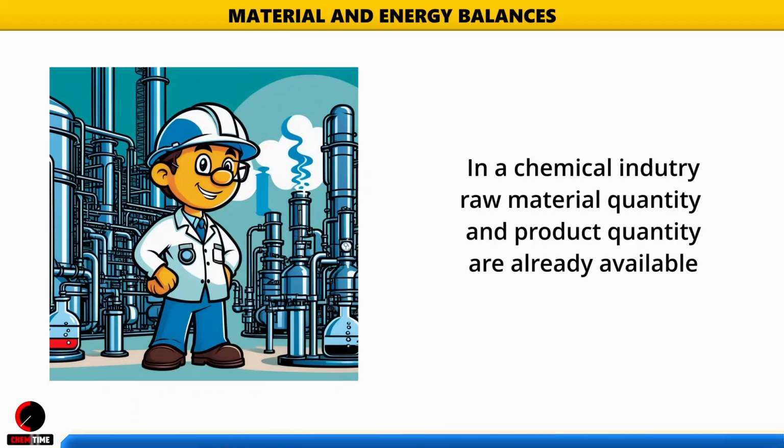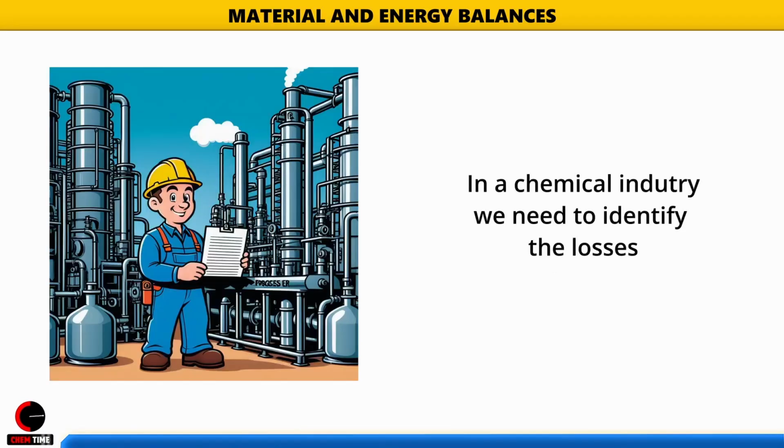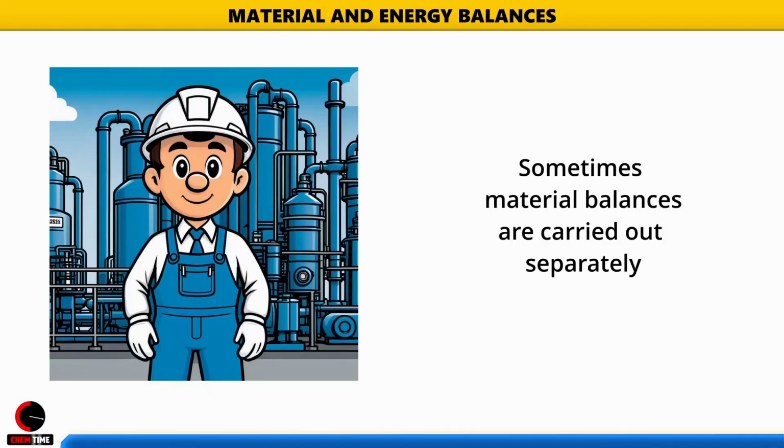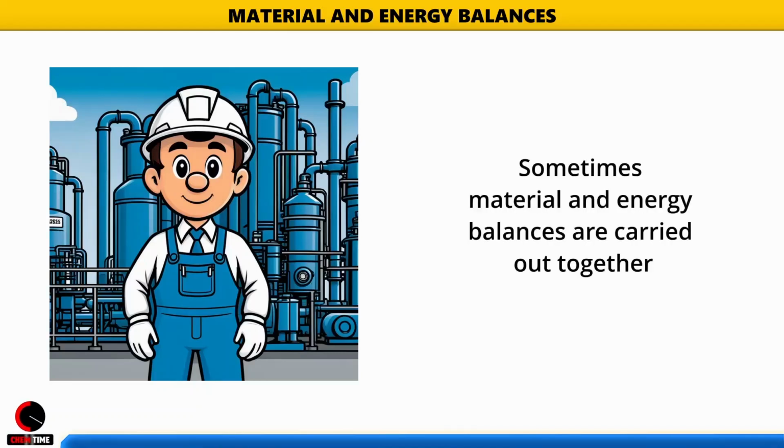When you apply this subject in a chemical industry, the data on the quantity of raw material is available, the data on the product is also available, and you will be asked to identify the losses. And sometimes you may have to carry out material balances separately, and sometimes you may have to carry out material and energy balances together.